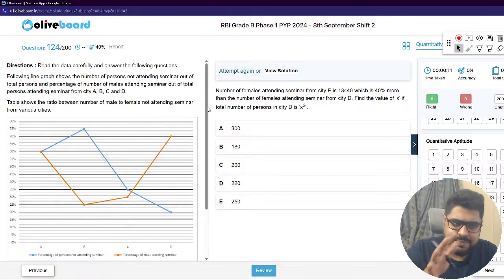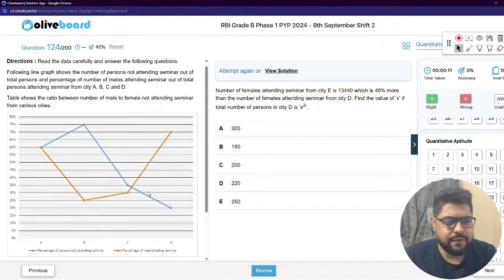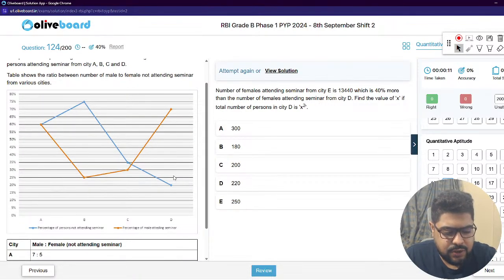Two things are given in the line graph: the percentage of persons not attending the seminar, and the percentage of males attending the seminar. So let's do one thing for your understanding. If you guys want, I can take a screenshot and solve it on my board. I guess that will be better.